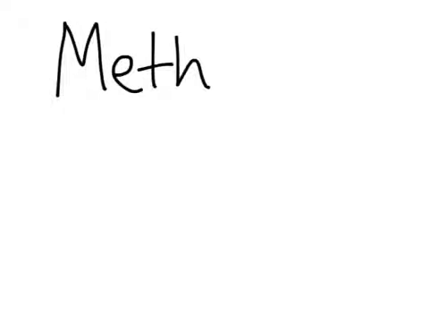Names are based around the number of carbons in the longest chain. So if there is one carbon, that has the name meth, and then the ending to tell us what the molecule is.